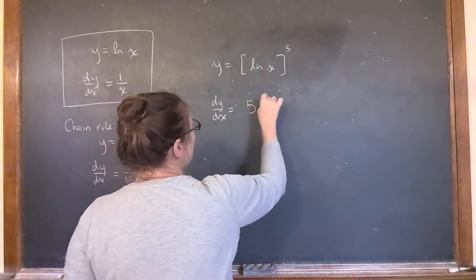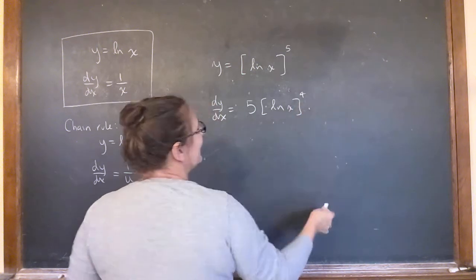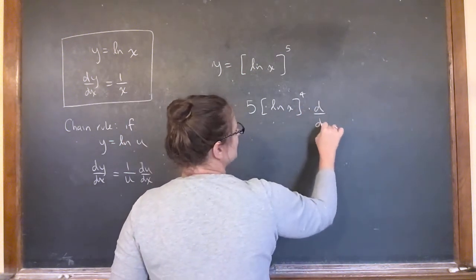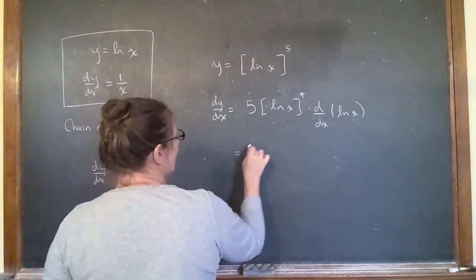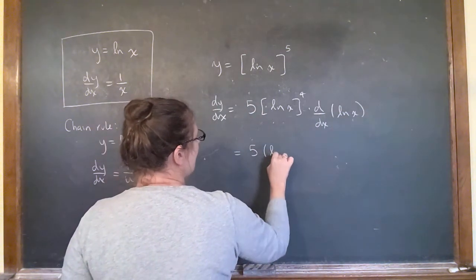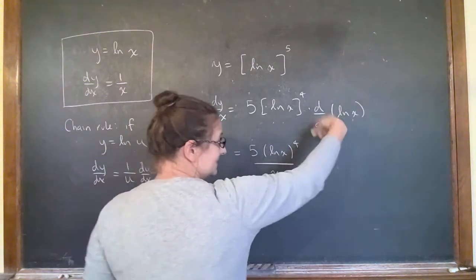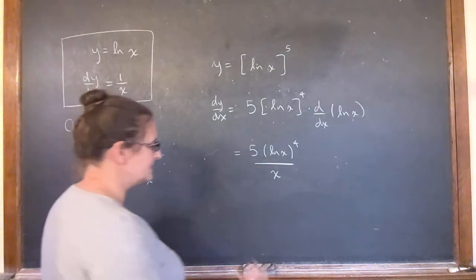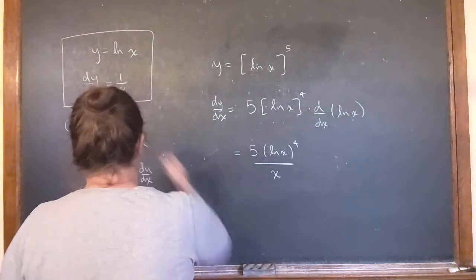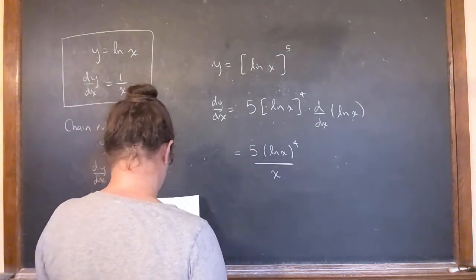So I'll get 5 ln x to the 4th, and then times the derivative of natural log of x. So I would have 5 ln x to the 4th all over x, because this derivative is going to be 1 over x. So then it's just like using the chain rule with this new rule about the derivatives for natural log.